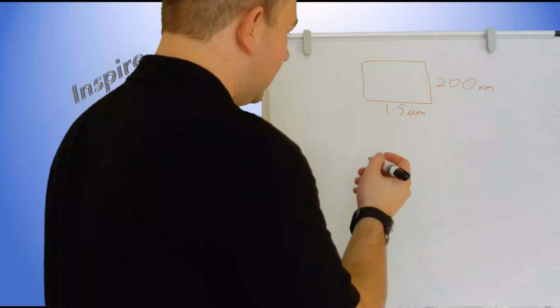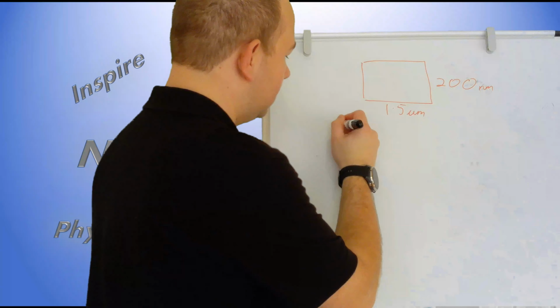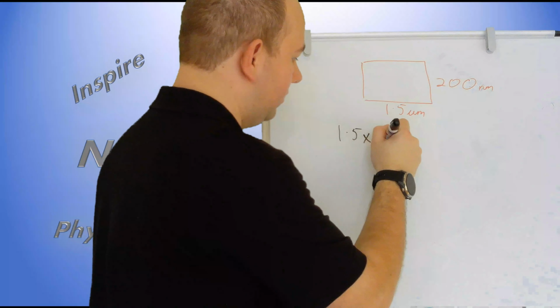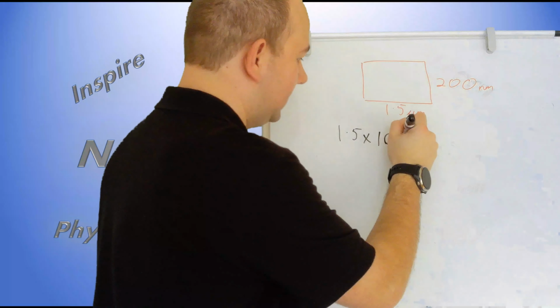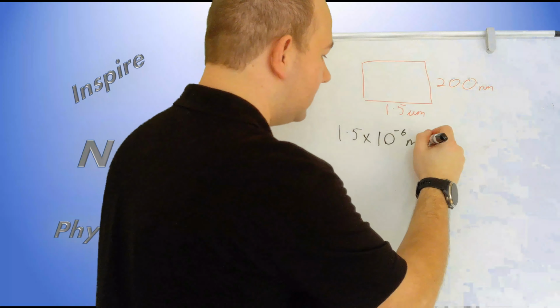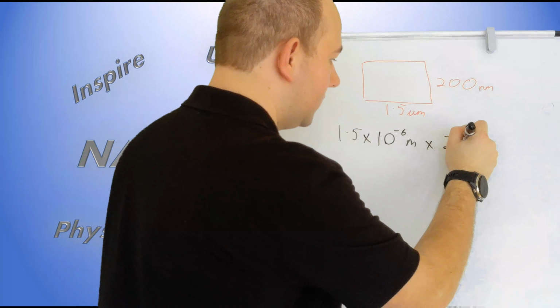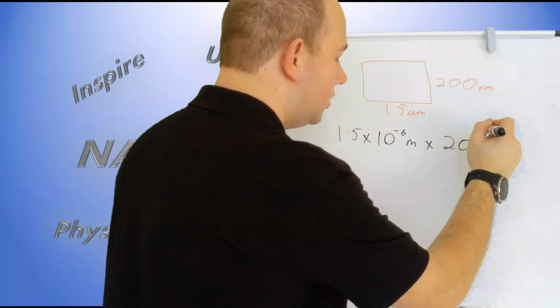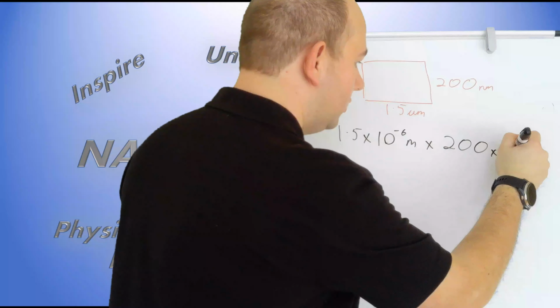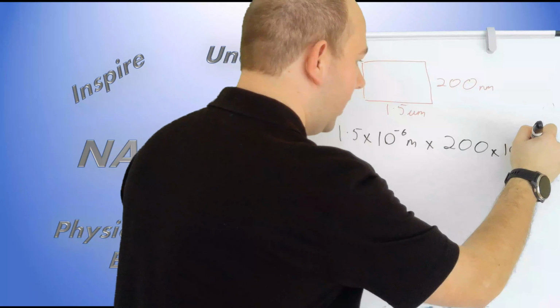So what we're going to end up with is 1.5 times 10 to the minus 6 meters, because I've converted this into meters, times by 200, sorry, times 10 to the minus 9 meters.